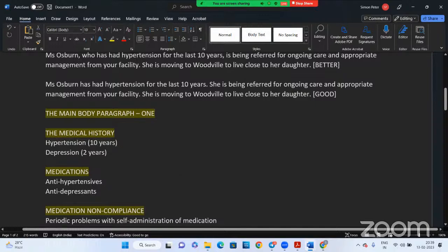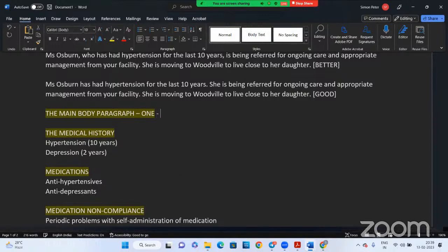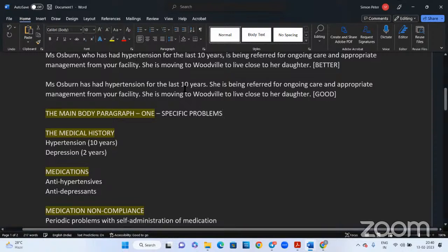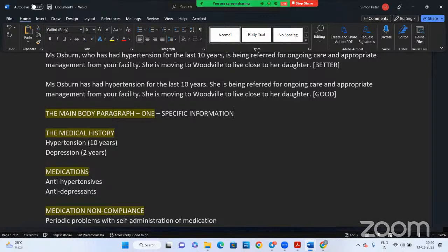Paragraph 1 is entirely regarding medical problems. These are called specific problems. So that means this is specific information.